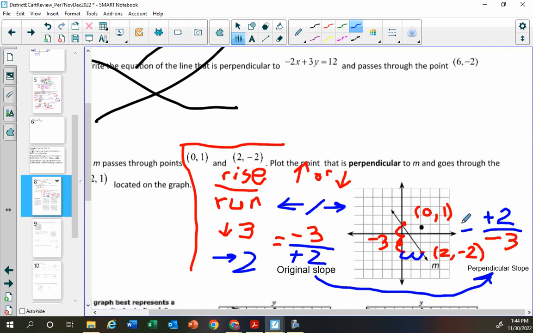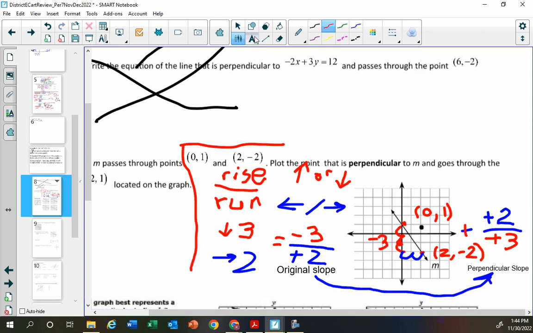Now, here's what's going to happen. Originally it was a negative, but what happens when you do the opposite of a negative? It turns into a positive. So really, in the end, you flip and change that sign, and then everything becomes positive.